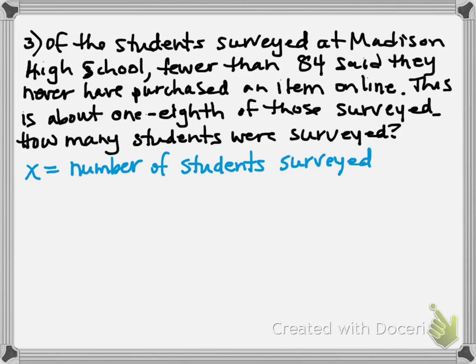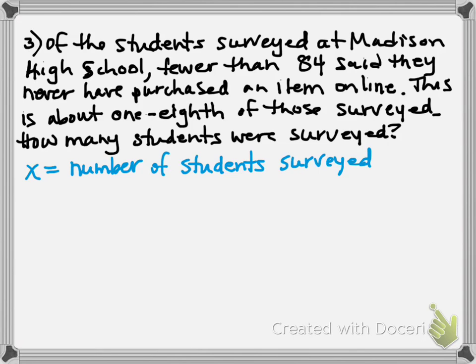So what do we know about the number of students surveyed? What did they tell us about a group of them? Chase? 84 of them don't buy anything online. Okay, it didn't say 84. Fewer than 84. That kind of is a key phrase right there, that fewer than.